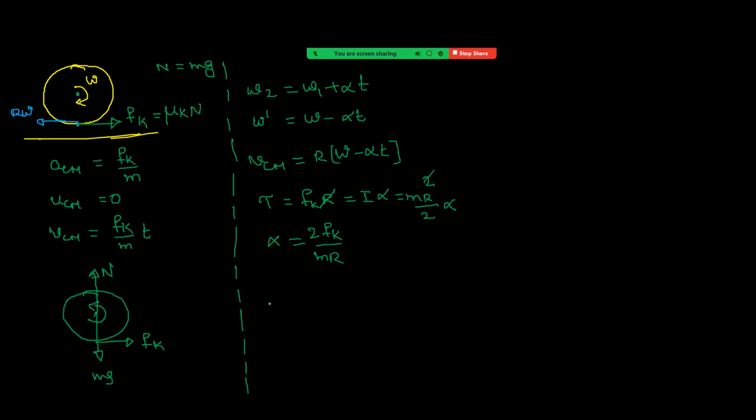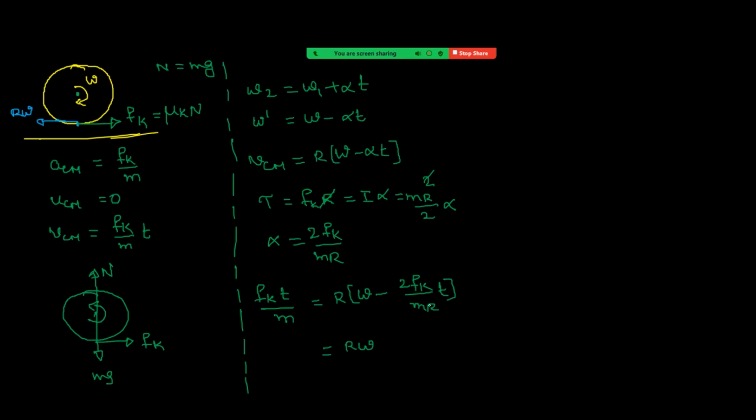That is the alpha value. Now substitute that in this one. VCM is now Fk into T upon M, that is equal to R into omega minus alpha, in the place of alpha, 2Fk by mr into T. Take R inside, it is R omega.